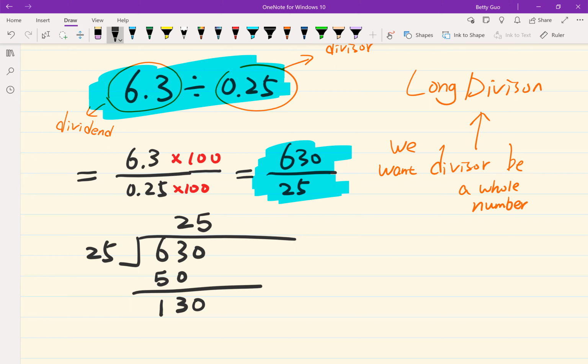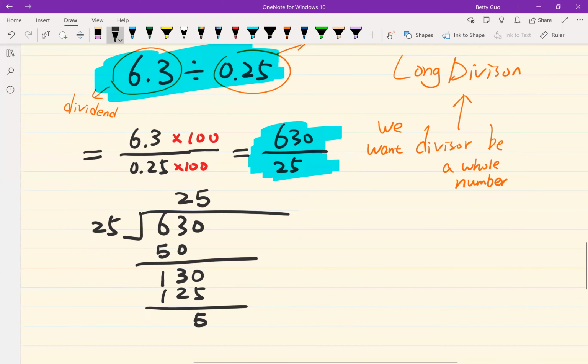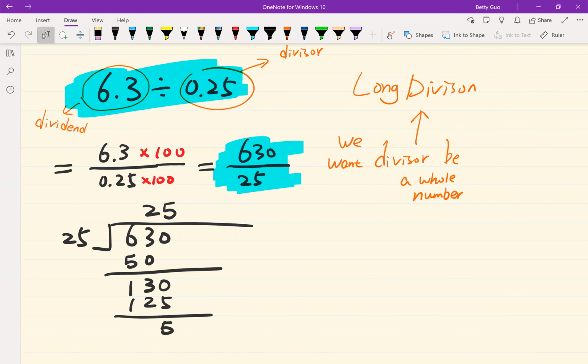If you multiply 5 by 25, you have 125, with the remainder 5, right? We're not done yet. We are dividing completely, so we will have a decimal as the quotient. Now let's see how many times 25 goes into 5. No, right? So we're going to bring down another digit, but we don't have any digit anymore. So this is how we do it.